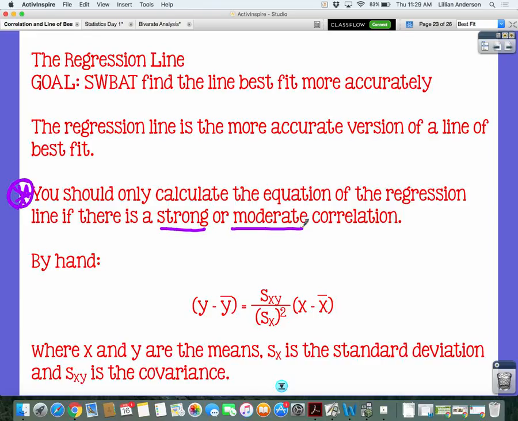That S sub xy and that S sub x are the same ones from your correlation notes. And of course, the X bar and Y bar are the means. S sub x is the standard deviation, and S sub xy is the covariance. We'll talk about those words a little later.